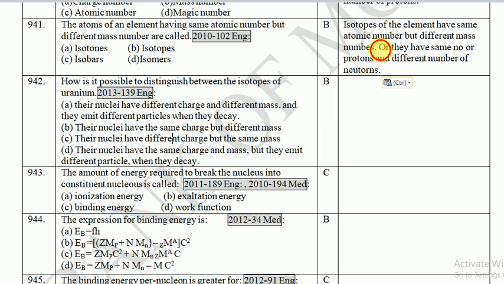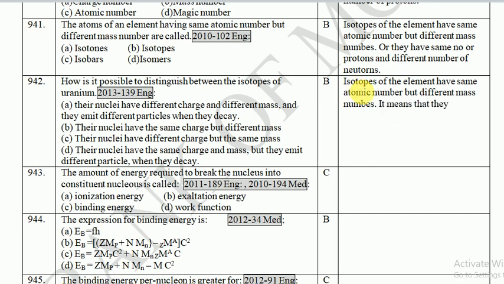From the definition of isotopes, we know that isotopes have the same atomic number but different mass number. It means that they have the same number of protons but a different number of neutrons. Protons have positive charge, while neutrons have no charge.